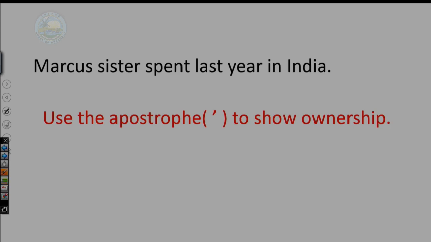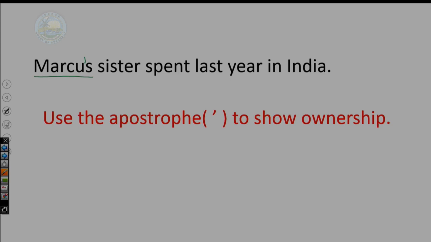Let me get my pen. An apostrophe mark can either be placed before an S or after an S. Let us see where we are going to place it in the word Marcus. If we place our apostrophe mark here, we are saying that the name of the person is Marku and not Marcus.